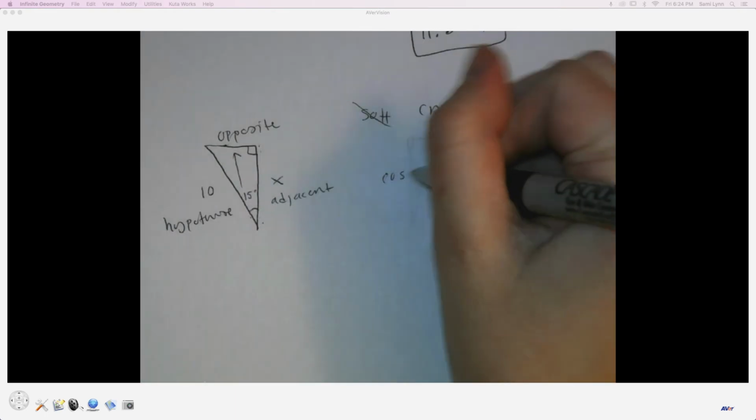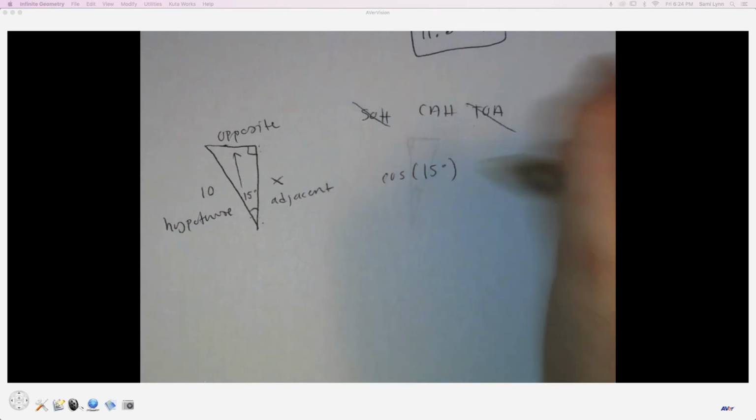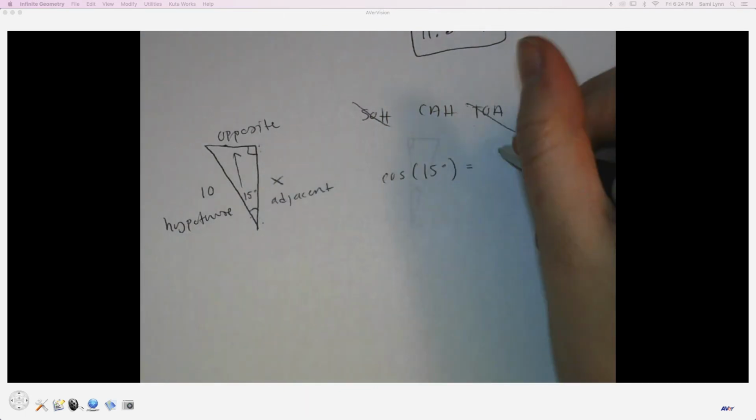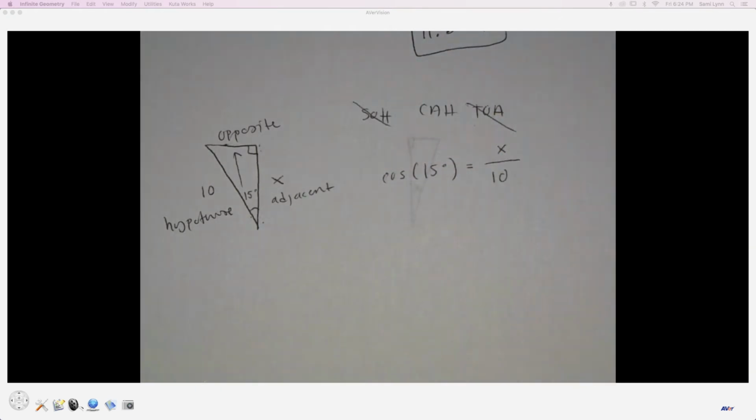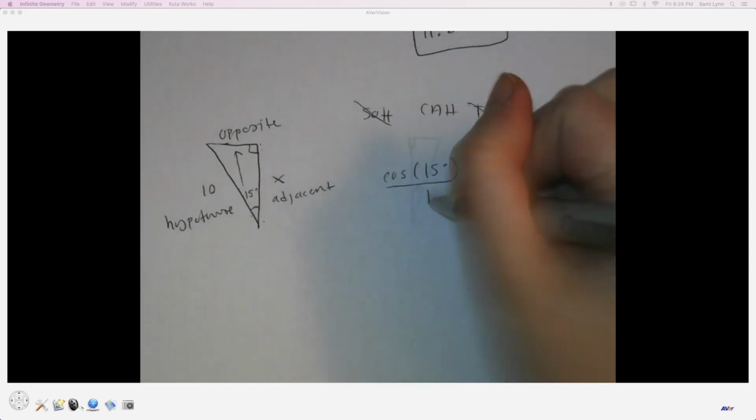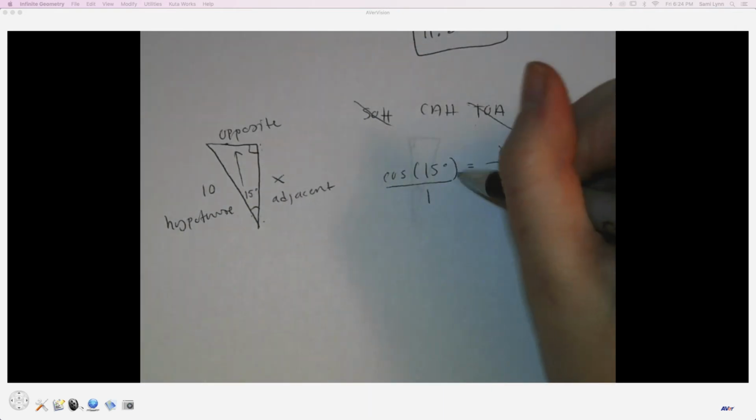So we can do cosine of 15 degrees equals our adjacent side, which is x, over our hypotenuse, which is 10. Now, what do I do to get that 10 out of the denominator? I'm going to treat it as cross multiplying this time so you can see it.